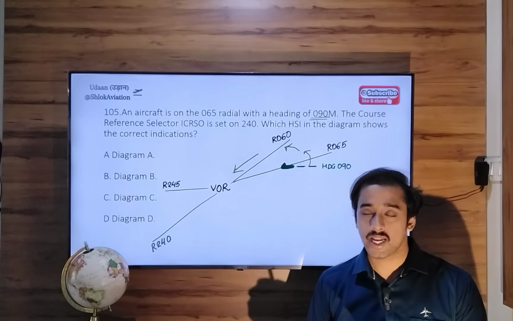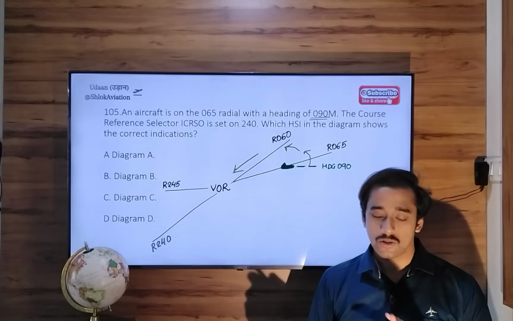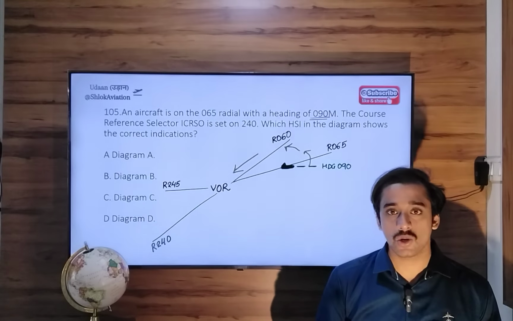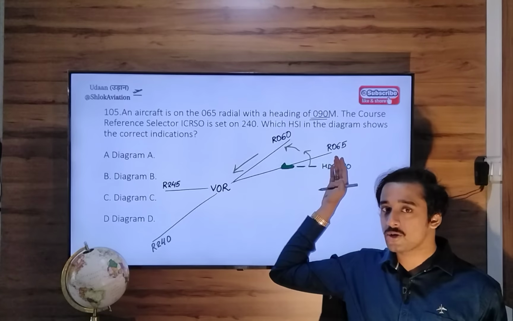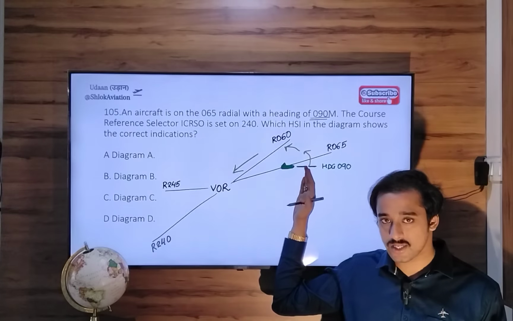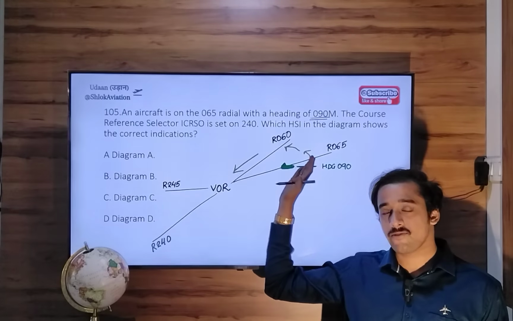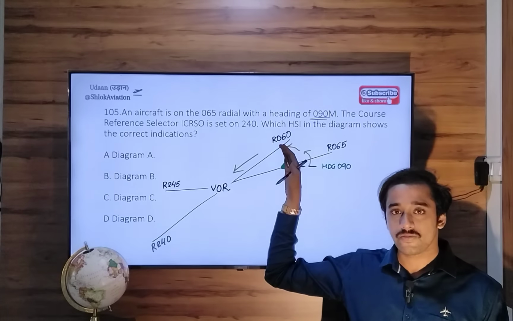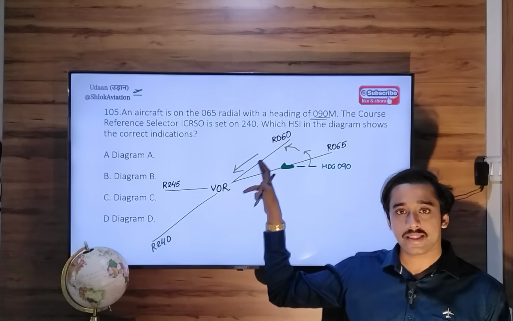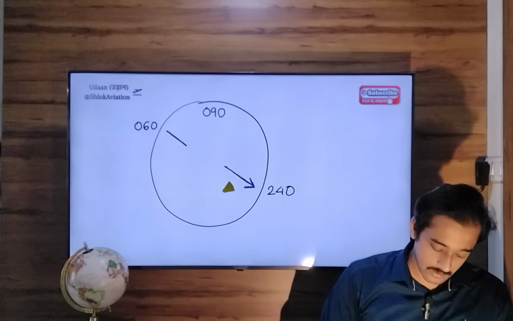Looking at the heading of the aircraft, we will come to know whether we are flying inbound or outbound, and with respect to that, we will get a left or right indication. With the heading of 090, you are flying outbound, going away from the VOR station. This is your left side, this is your right side, and therefore the CDI needle will tell you to fly left, to intercept and then track inbound. So diagram B will be the correct option.